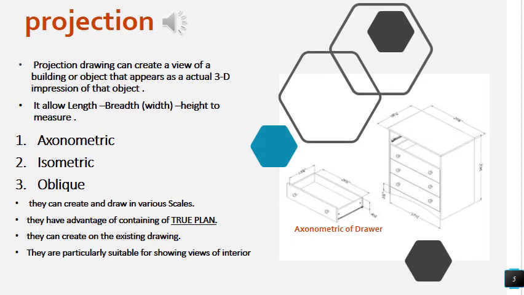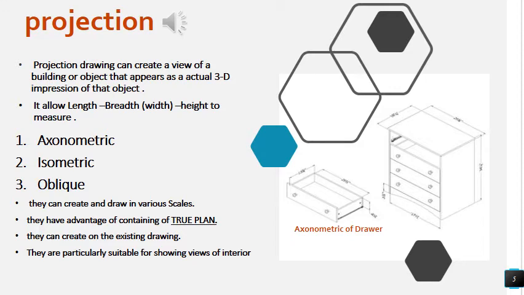That is the axonometric view of the object, and you have decided that the size of the object is almost one fourth of an inch, and we are going to draw it on that scale. It means that any projection, axono, iso, or oblique, can be drawn on any scale: one fourth scale, half scale, 1/8 scale, or any scale which you can understand.